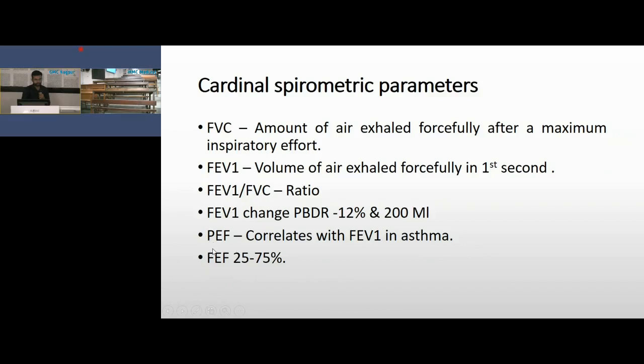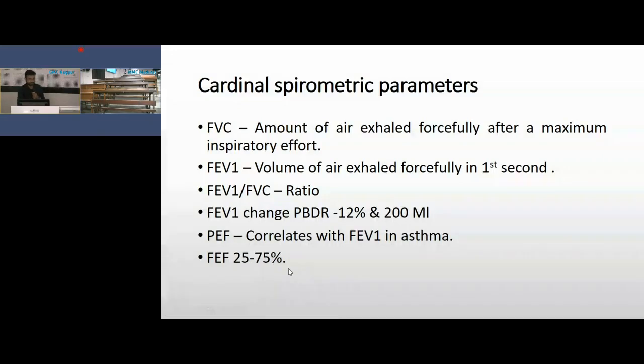Also we look for peak expiratory flow, which correlates with FEV1 in asthma, and forced expiratory flow 25 to 75%. These are the cardinal spirometric parameters which help in further assessment of the test.